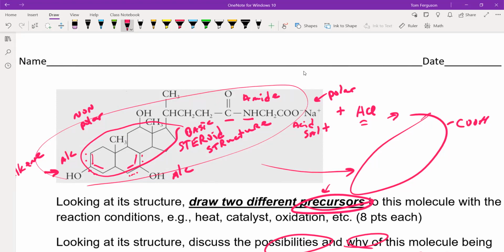And this is what a biochemist trying to synthesize this, or a biologically oriented organic chemist trying to synthesize this in the lab, would do. Now this is synthesized in the body by a whole series of enzymes. Enzymes are magic.